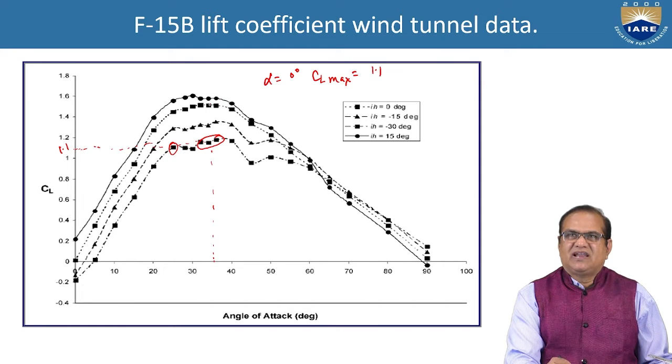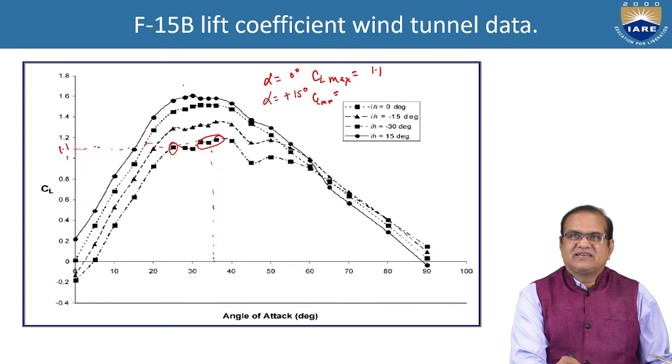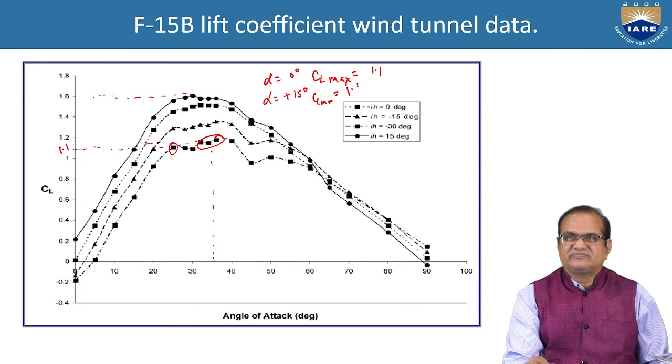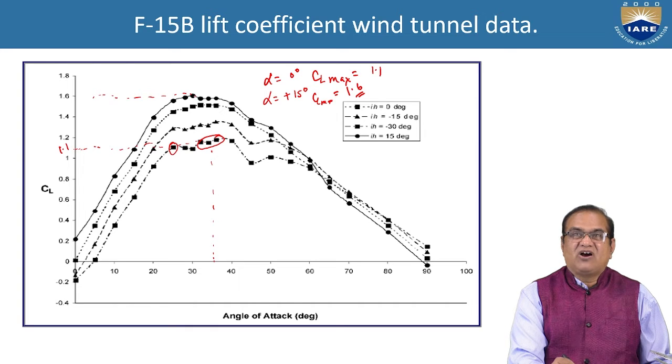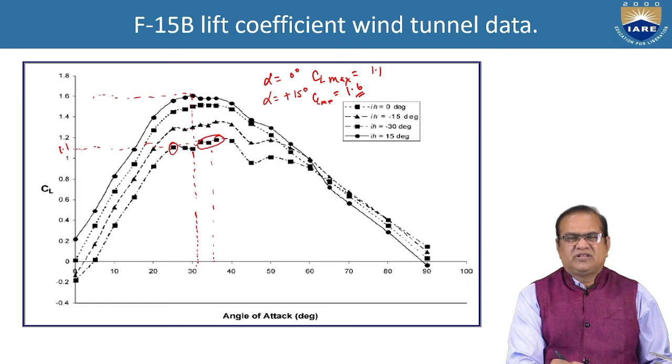But if you see the last one, that is plus 15 degree, you are going to get CL max of nearly 1.6. But this stall angle is somewhat reduced. Previously, in the first case, it was somewhere around 35. Now it is nearly 30 degree.